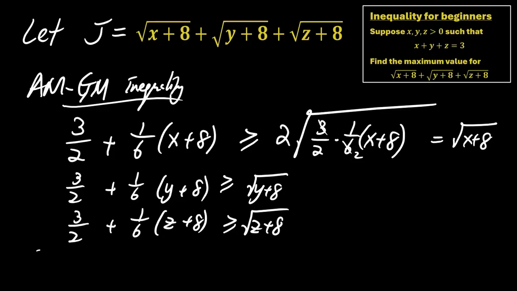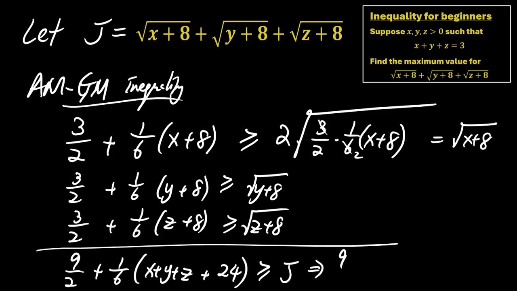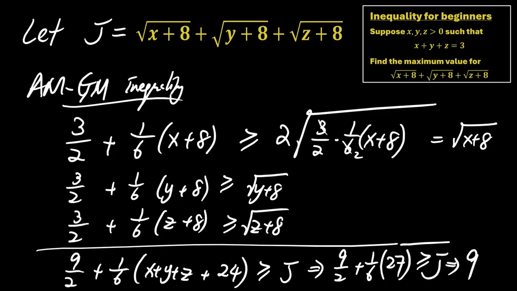So when you take the sum, the left hand side is 9 over 2 plus 1 over 6 times x plus y plus z plus 24, greater than or equal to J. This means that 9 over 2 plus 1 over 6 times 27 is greater than or equal to J. And the left hand side of the inequality is exactly equal to 9.